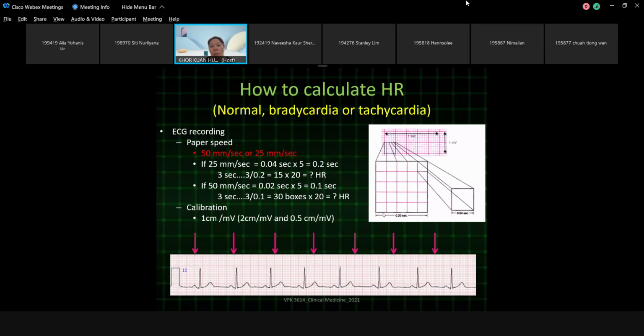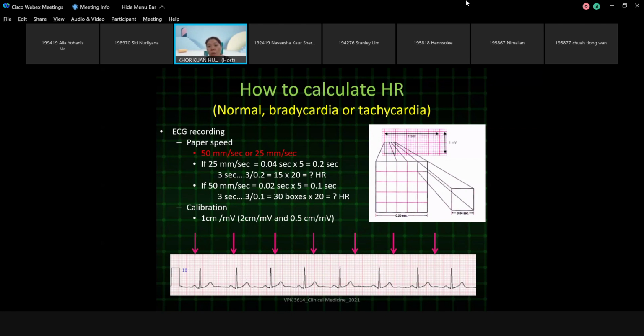Okay? 0.04 times 5 boxes, so you know that these 5 little boxes over here is 0.2 second of information. Okay? So for me, the quickest way to calculate is, if I know this is 0.2 second, then how do you want to calculate heart rate?